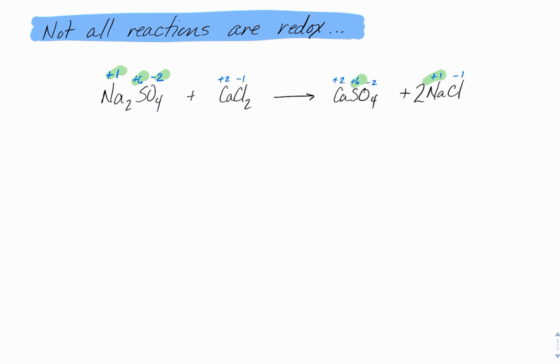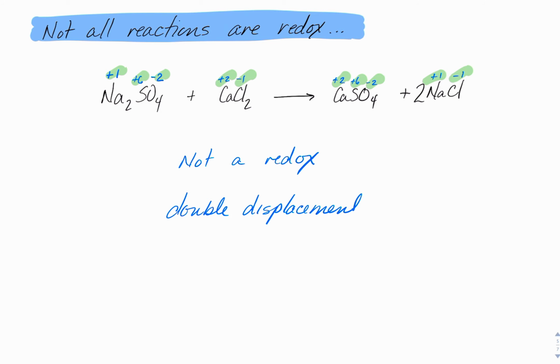Oxygen -2, -2. Calcium +2, +2. Chlorine -1, -1. Nothing changes in this. So you would say this is not a redox. You could say, though, it's something else. And this actually would be a double displacement and a specific kind that we would call a precipitation.